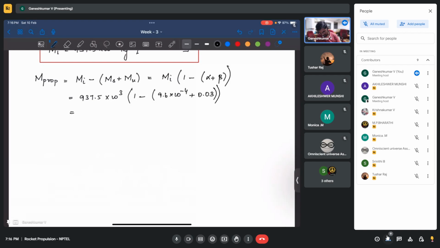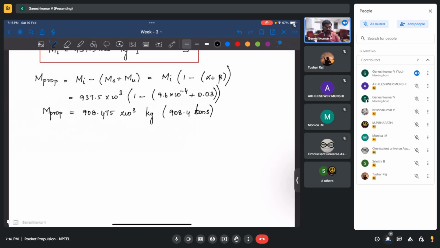So it may be something around 908.47 into 10 power 3 kgs. You can see that the amount of propellant required is around 908.4 tons.